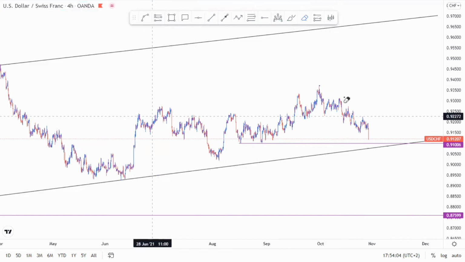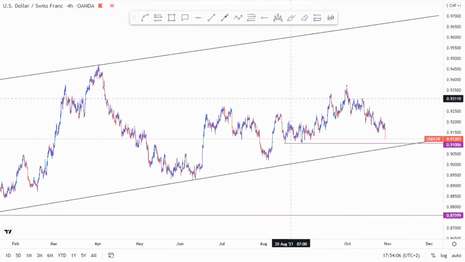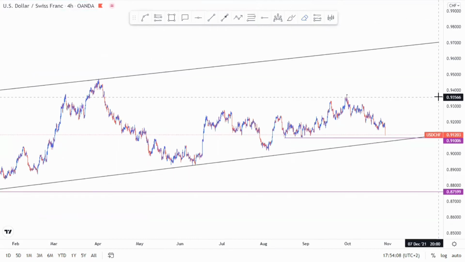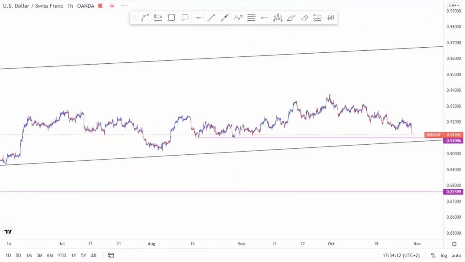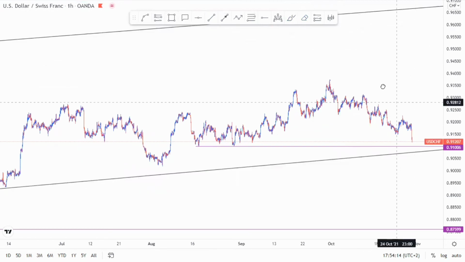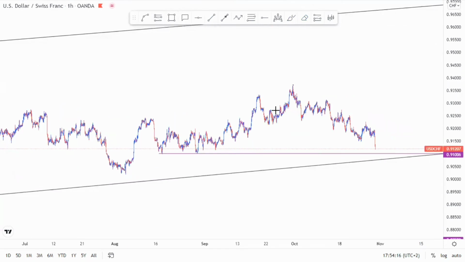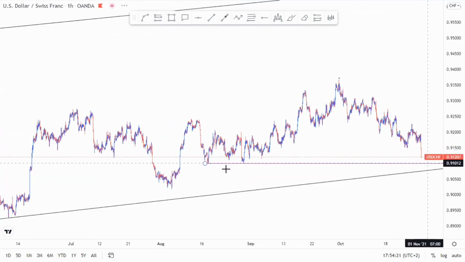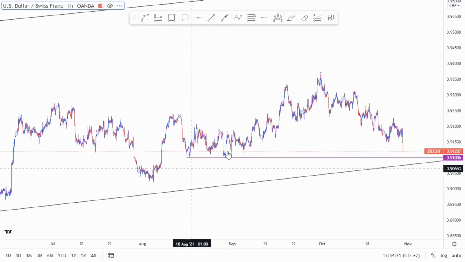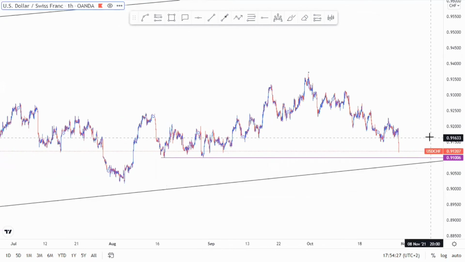So let me go to the 1 hour time frame. On the 1 hour time frame, similar to the 4 hour time frame, there's still nothing here, but we do expect a reversal over here on this support line, or maybe just a bit lower, but somewhere around here we expect a reversal.